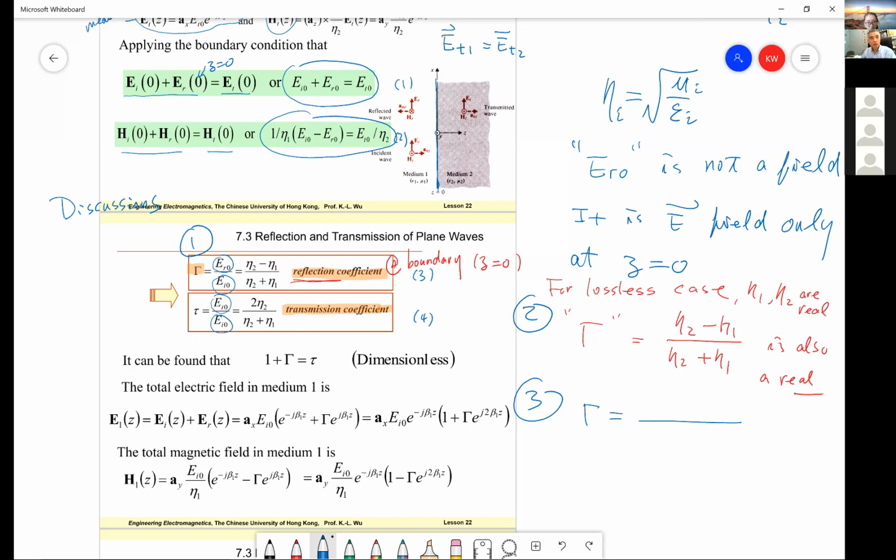If you like to remember it, it is very easy, because gamma is related to the wave impedance on the medium 2 side.